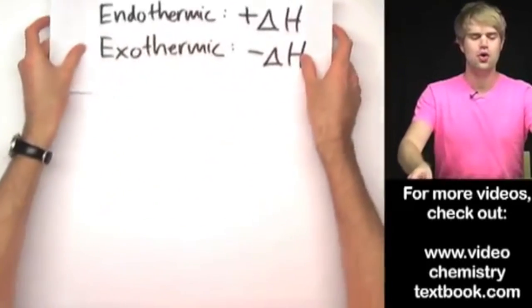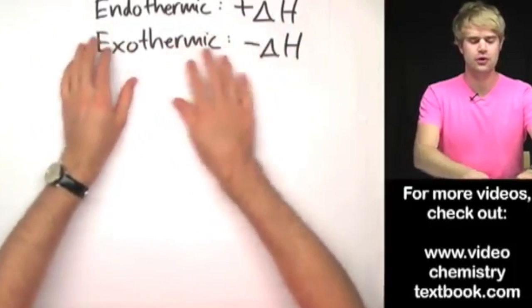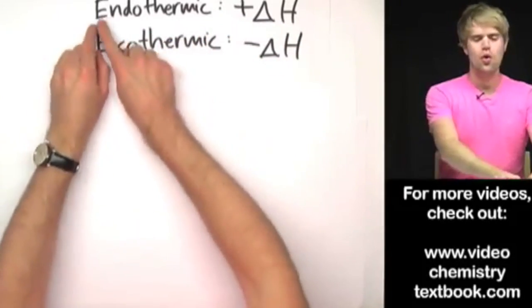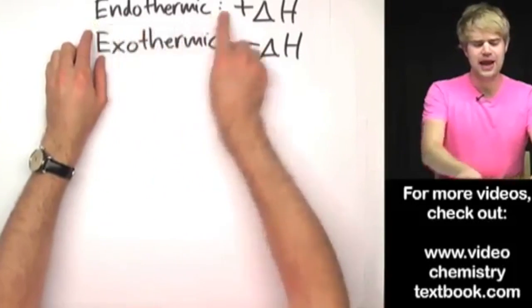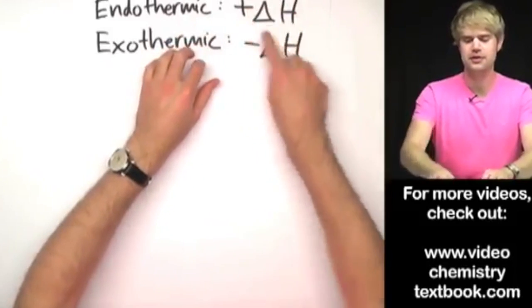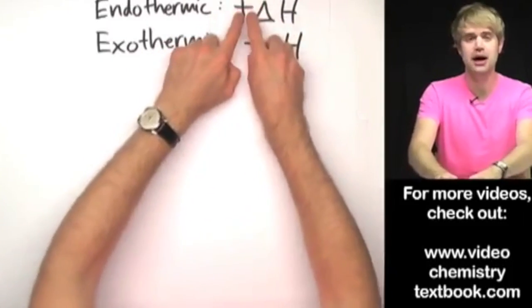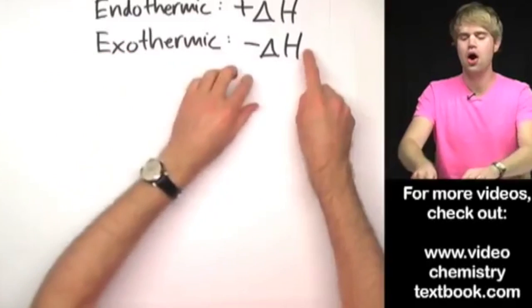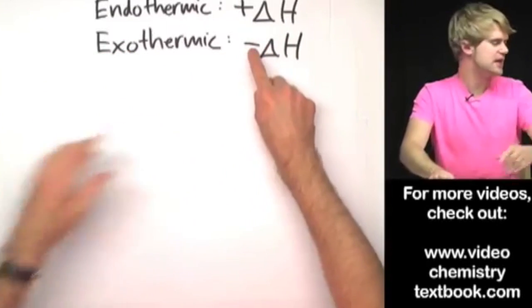Now finally, we can describe these endothermic and exothermic phase changes using some numbers. As we've said previously, an endothermic process is one where the change in enthalpy, the delta H, is a positive number. And the exothermic processes are ones where the delta H is a negative number.